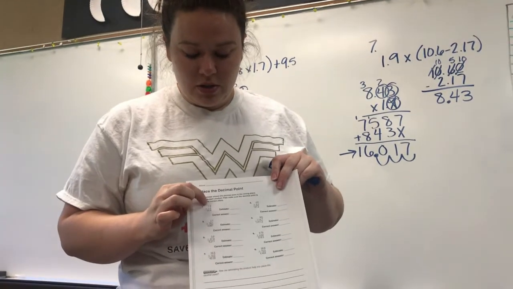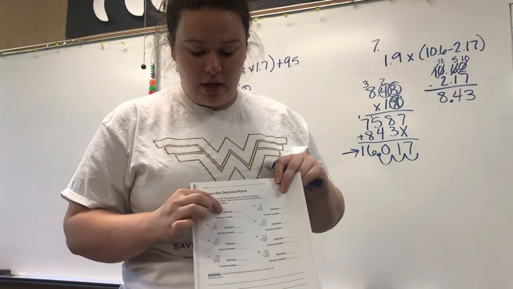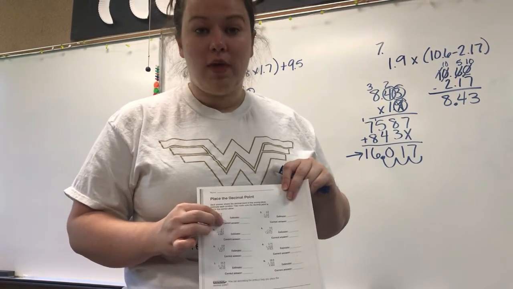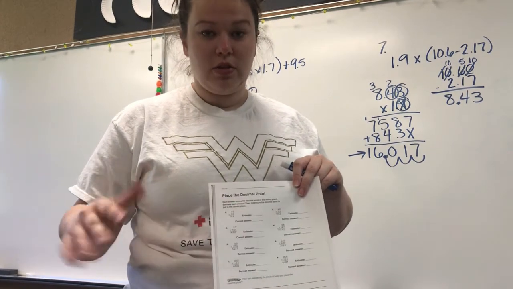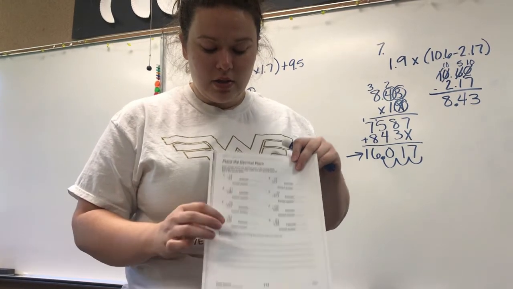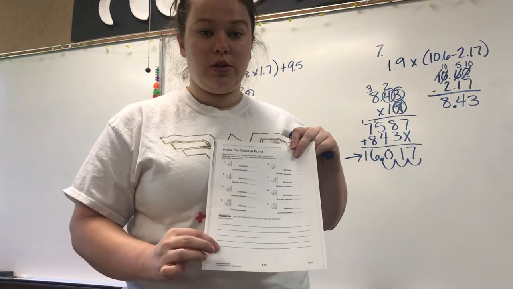So what you need to do is take the problem, estimate your answer, and then work out the problem and tell us the correct answer, okay? So first estimate, which is the rounding thing that we did on our wheels, and then tell us the correct answer. You do not have to do this bottom writing portion, okay?